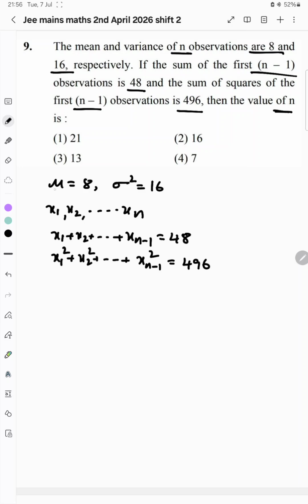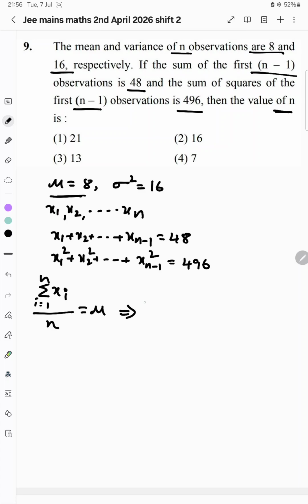Now you can see they give the mean as 8. The mean formula is the sum of the observations, sigma xi with i running from 1 to n, divided by the number of observations. We have to add x1 plus x2 plus and so on up to xn.